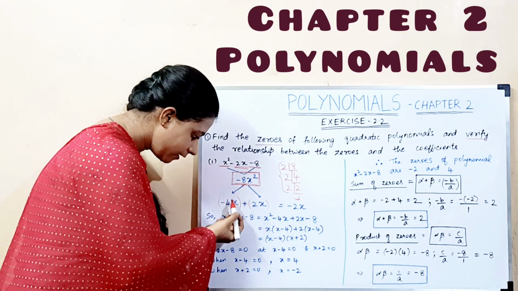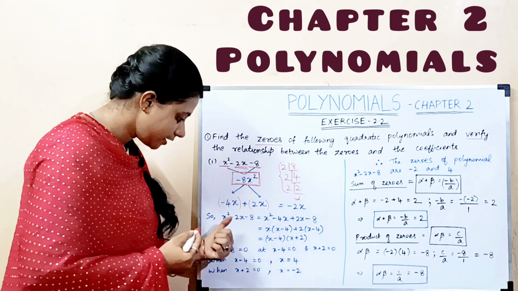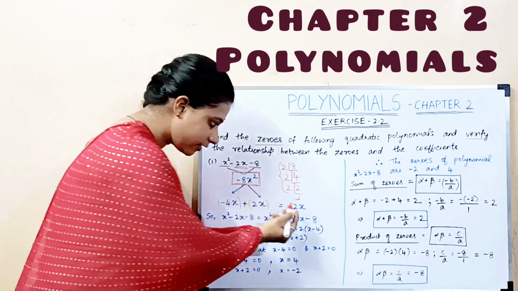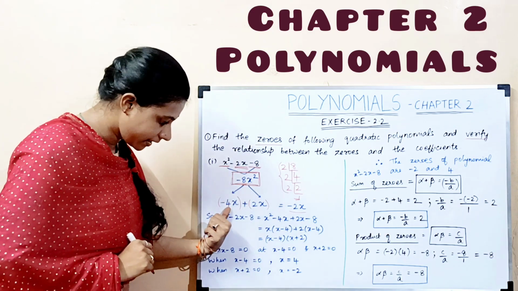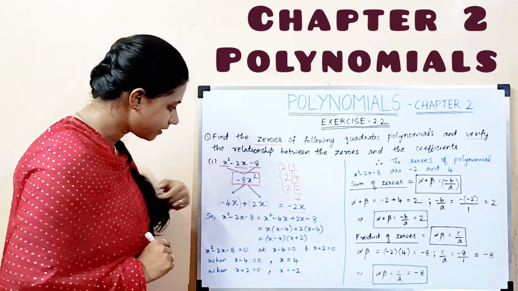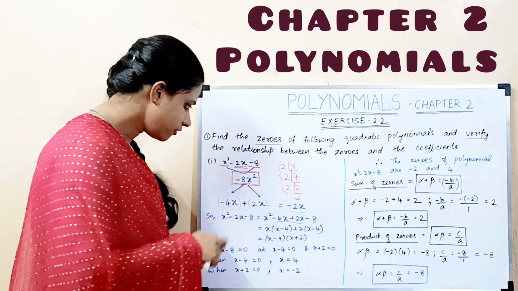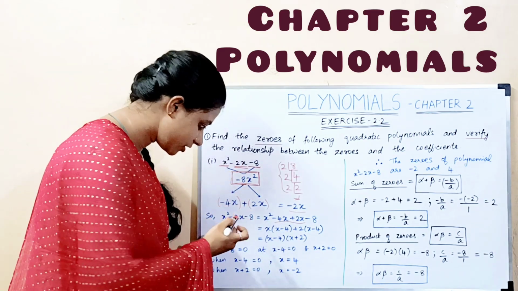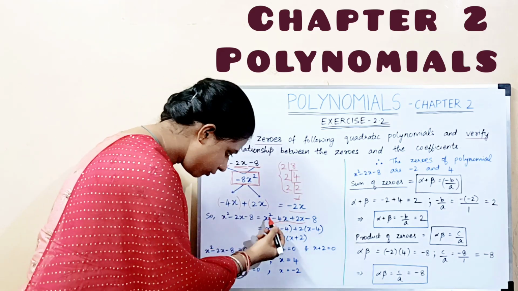Now you see, we can split it as minus 4x and 2x. If we add these two terms, we will get minus 2x, that is this middle term, and if we multiply minus 4x into 2x, we will get minus 8x squared. So in place of minus 2x, we can substitute minus 4x plus 2x. That is what we are doing here.